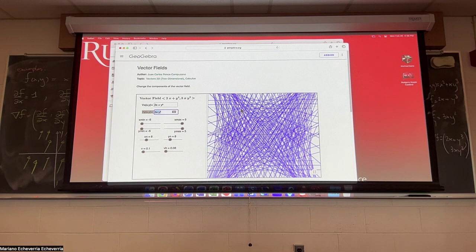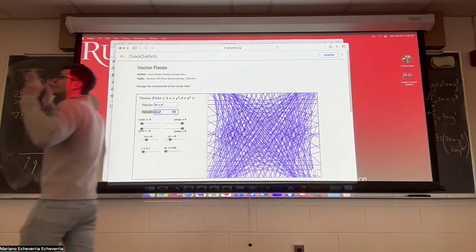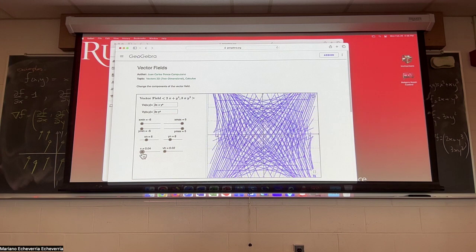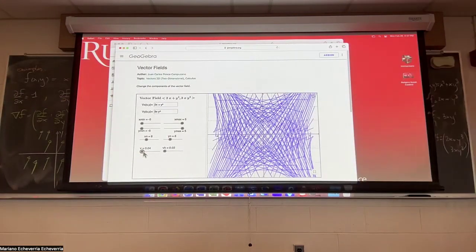You would need to really evaluate this at very different points to start getting an idea of how it's supposed to look, which is one of the advantages of being able to do it on the computer. Let's see if I can draw it less chaotic. But my point is that the gradient produces a vector, but that vector is allowed to depend on the values of x and y.